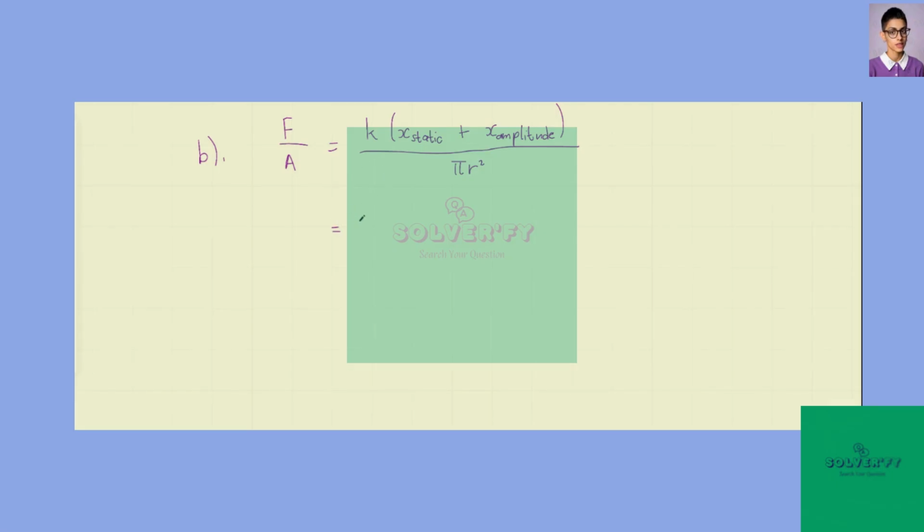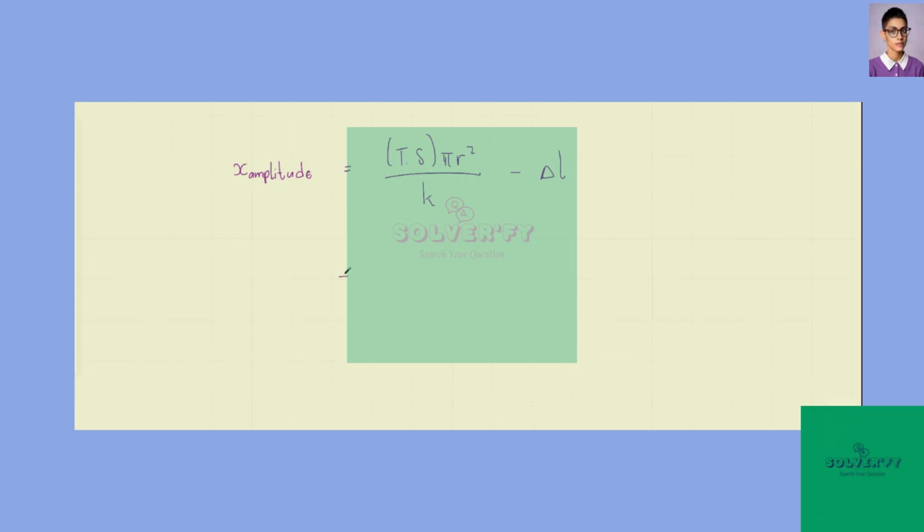And this must equal the tensile strength, which we'll just call Ts. And so the position at the amplitude, if we rearrange this equation, is simply equal to the tensile strength of the cable times pi r squared divided by the effective spring constant K minus the stretch of the cable delta L.